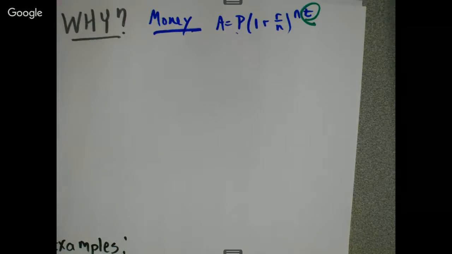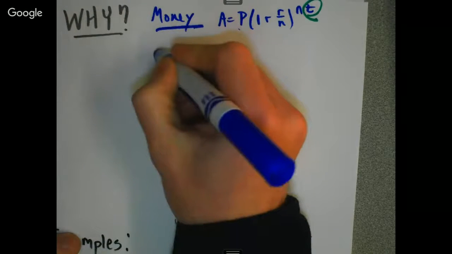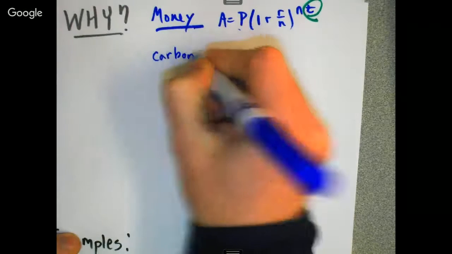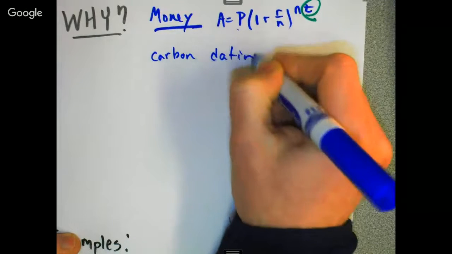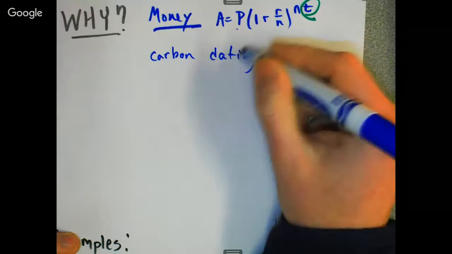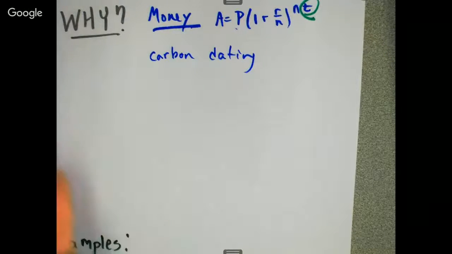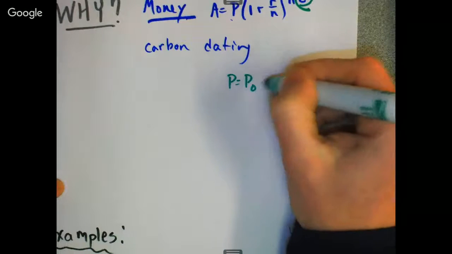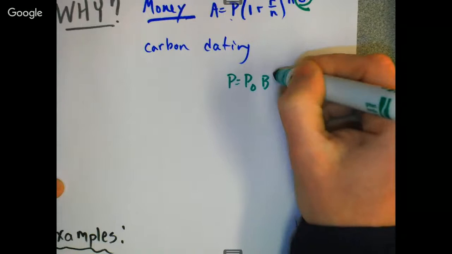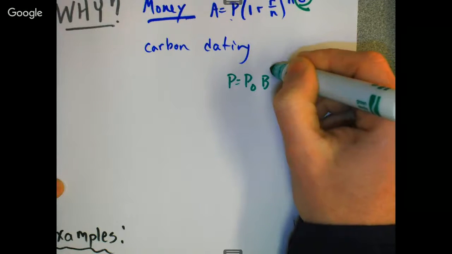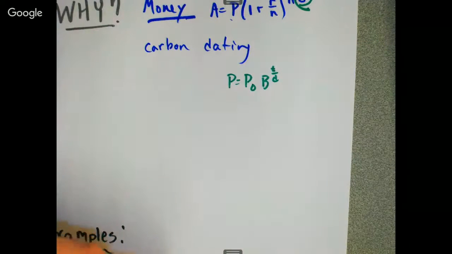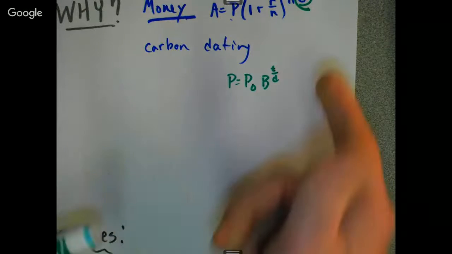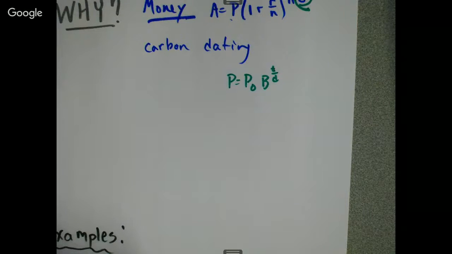Another one we talked about was carbon dating. So that's like half-life or doubling time with this formula. Okay, what happens again if I don't give you the time or I don't give you the doubling rate?